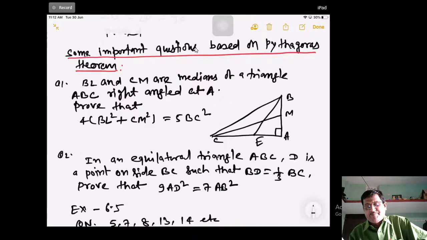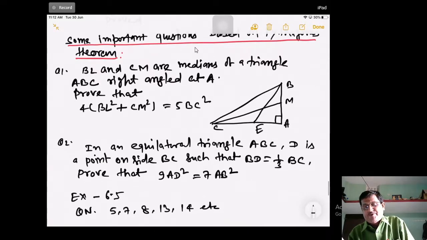Right angle at A. There is a mistake in the figure. Here it is written BE, but it must be BL. Correct it in the figure. So BL and CM are the medians of triangle ABC, right angle at A. Prove that 4BL square plus 4CM square is equal to 5 BC square.